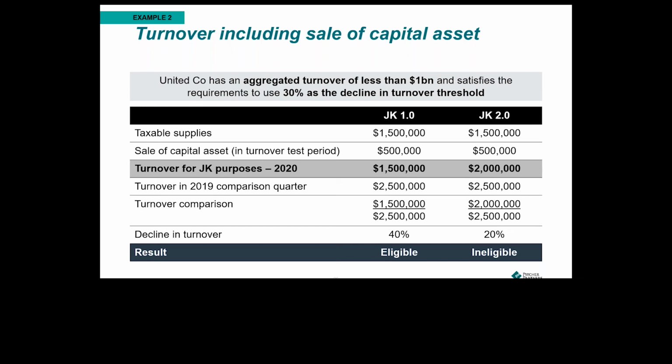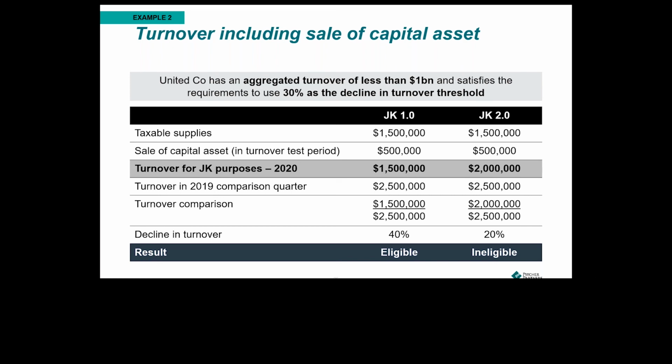It's also disposed of a capital asset in the turnover test period. So in this case for JobKeeper 2.0, let's say it's the September quarter. The quarter ended 30 September 2020 would be the turnover test period for the first extension of JobKeeper. And it has sold a capital asset in that period for which it has received $500,000.